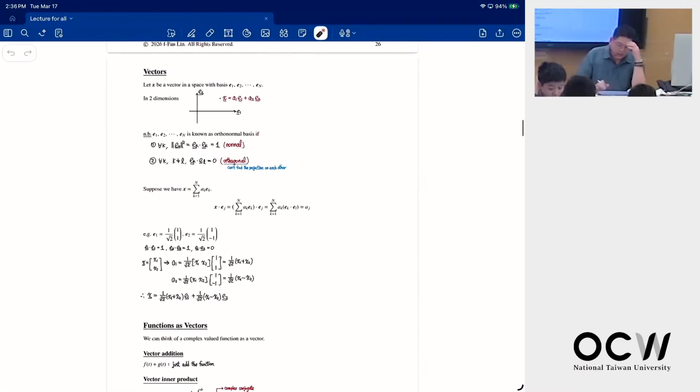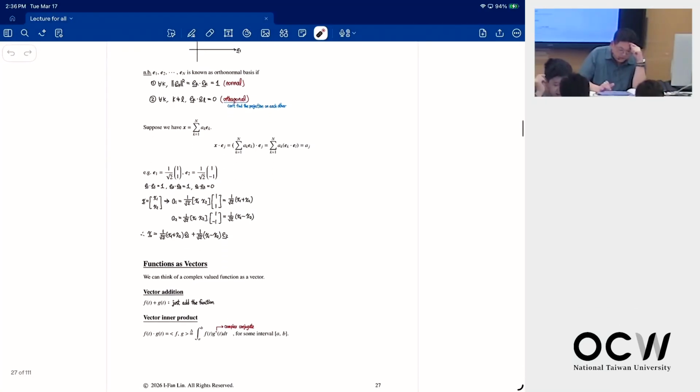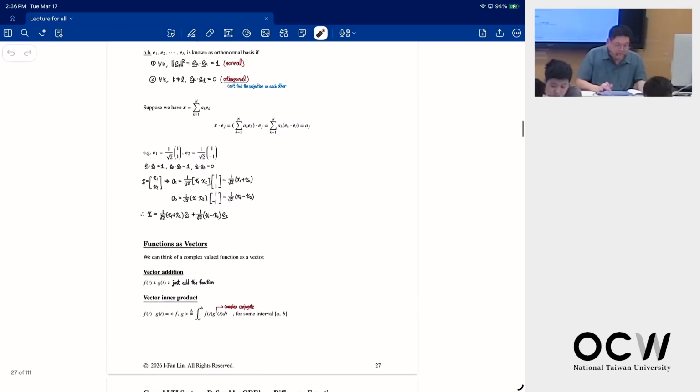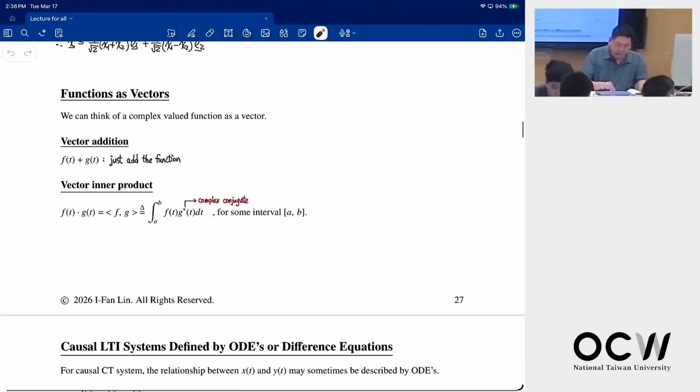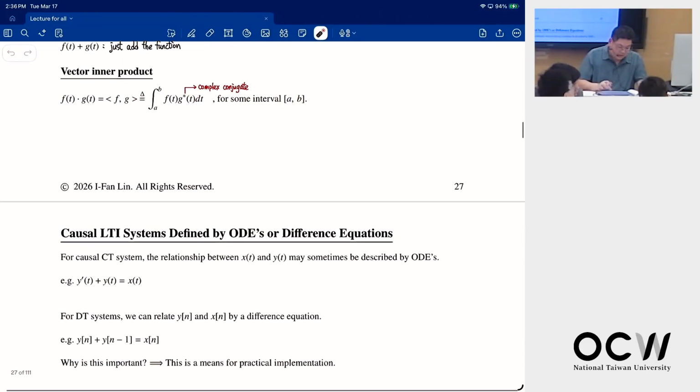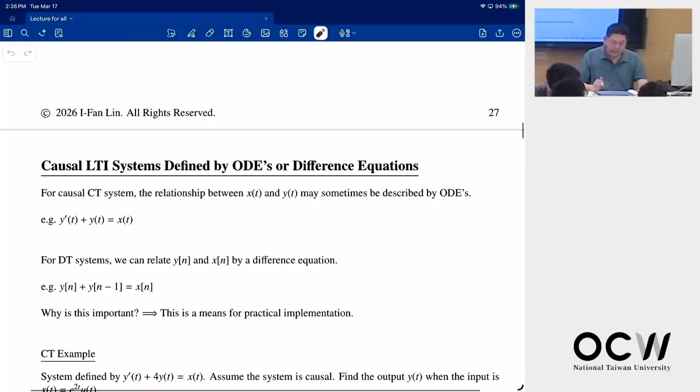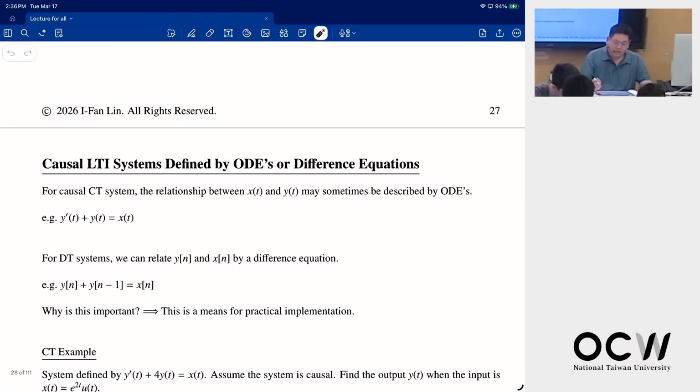If you don't have any questions about the vectors, now let's talk about the causal LTI systems. Some people are still confused about what a causal system is. Let's just talk about it. So what are causal LTI systems? For continuous time, we have ODEs. For discrete time, we have difference equations.